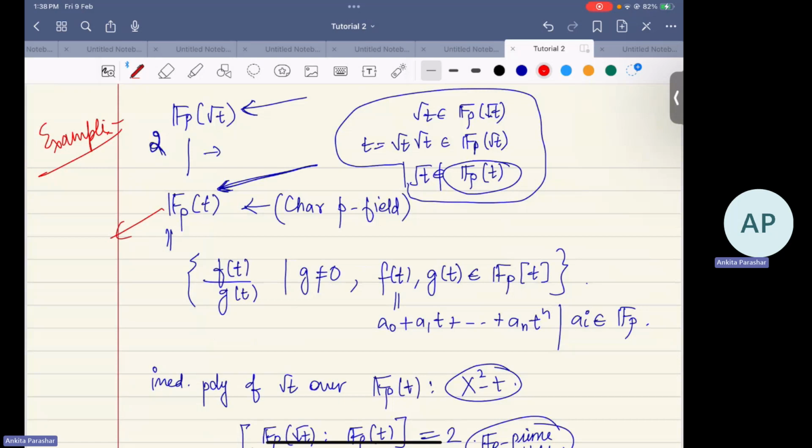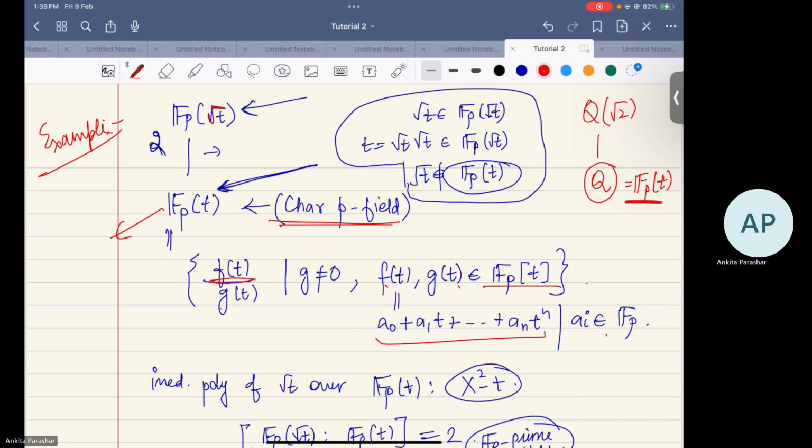Okay. So it's a characteristic P field that you can see. And here you take an extension FP(T)(root T), just like you have Q(root 2) over Q. Just like that, you are changing Q to be FP(T). This is the field of all quotients of polynomials f(T)/g(T), where f(T) and g(T) are both in FP[T].